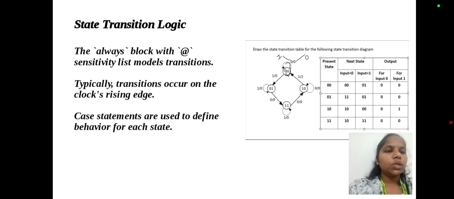Present state 0 1: next state 1 1 for input 0, 0 1 for input 1, output 0 0. Present state 1 0: next state 1 0 for input 0, 0 0 for input 1, output 0 1. Present state 1 1: next state 1 0 for input 0, 1 1 for input 1, output 0 0.